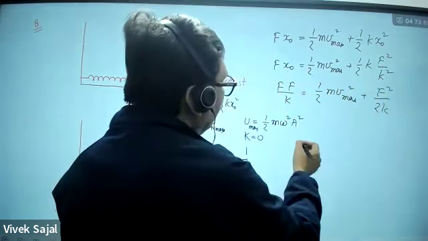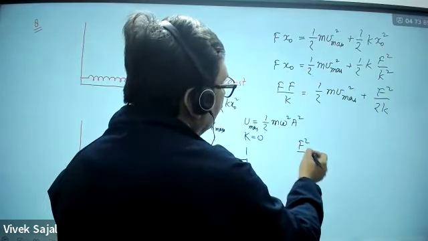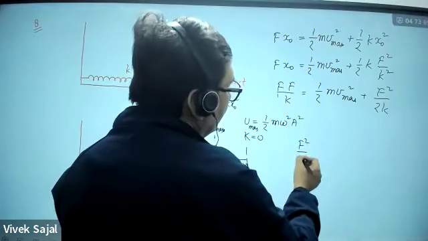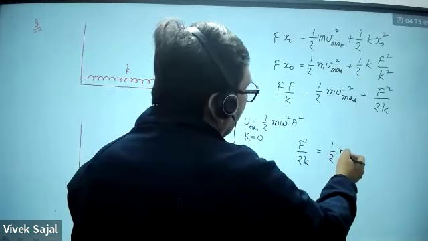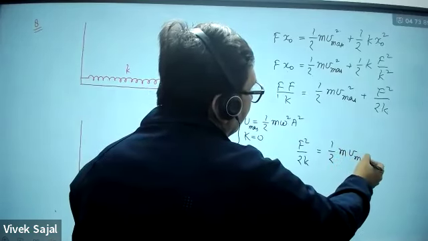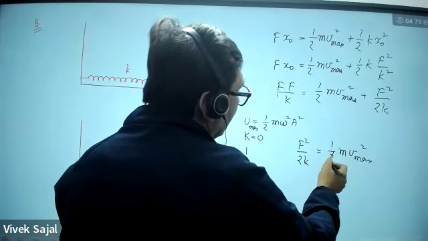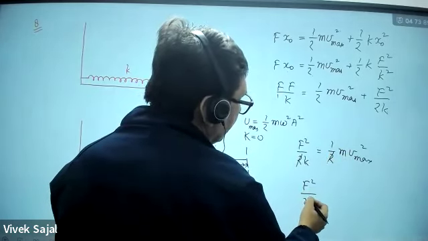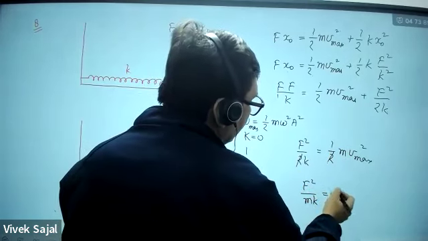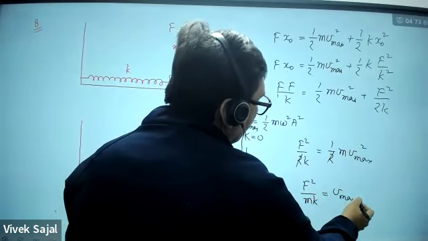So here this will be F square upon 2k. This is 1, this is half on the other side, and this will be half of m v max square. So 2 will cancel out. This will be F square upon m k, and this will be v max square.